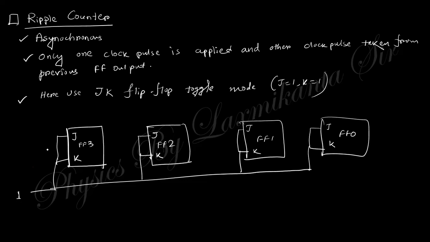Now here we apply a clock pulse. The output of this is the clock pulse of the second one. This output is Q3, this is Q2, the clock pulse of this is 1, and this is Q1, 0, this is Q0.